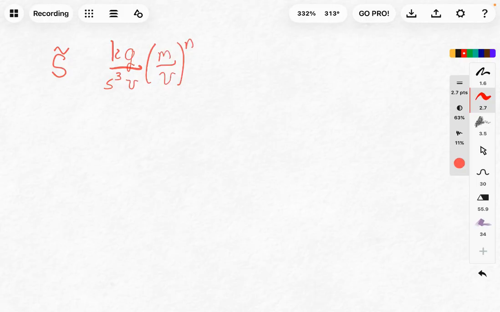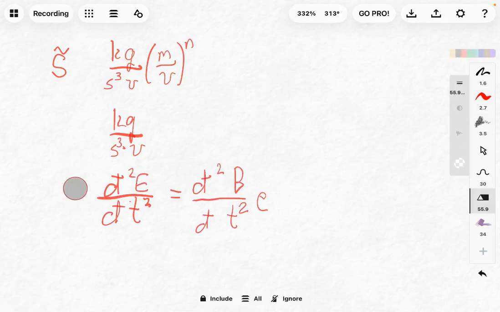And the reason this is necessary is because the magnetic field is kilograms per seconds u, and that means we get the second derivative of the magnetic field, which, if you didn't know, is used in the formula for light waves. If you don't know if your formula is correct, always check your units.